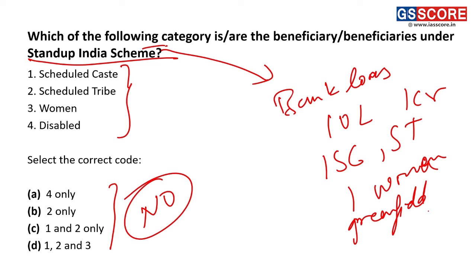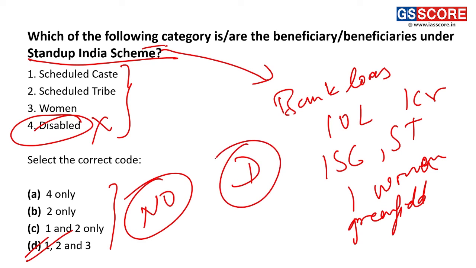Does this include disabled specifically? No. Hence, the correct answer would be option D. Option D. Let us move on.